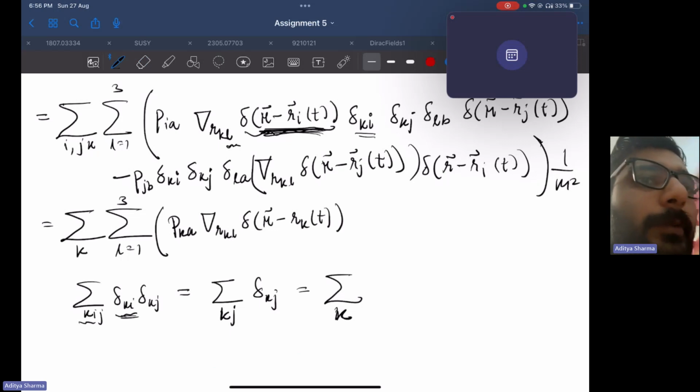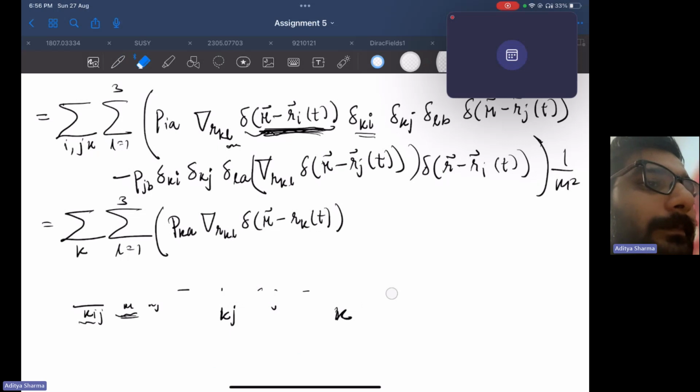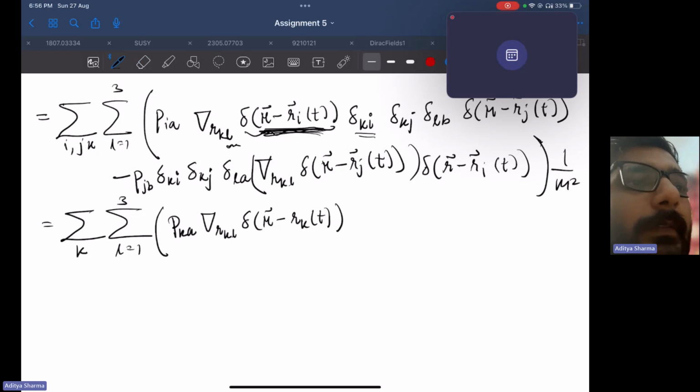Now we are going to put this Dirac delta of LB, and when I do that, I'll have only the Bth component. Whenever L is equal to B, then only this thing is possible. So wherever I had L, I have to change that to B, and this summation over L will go away.